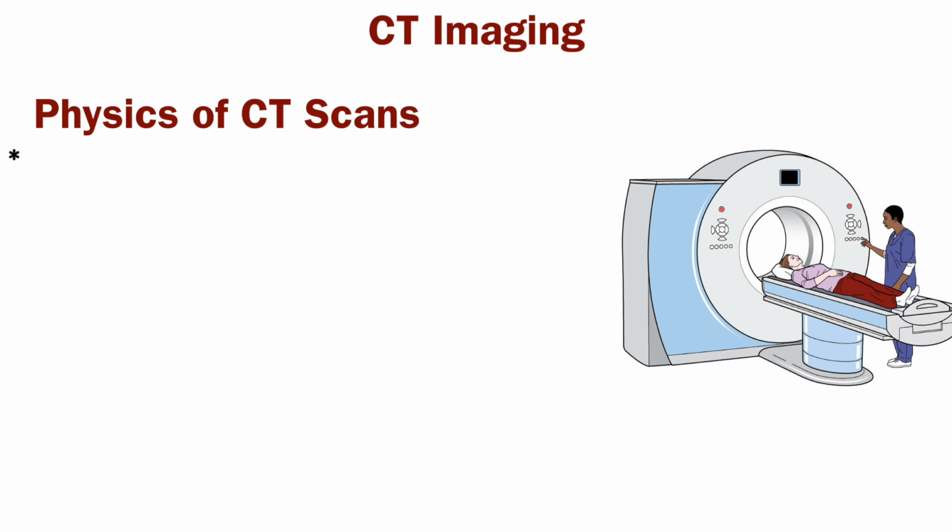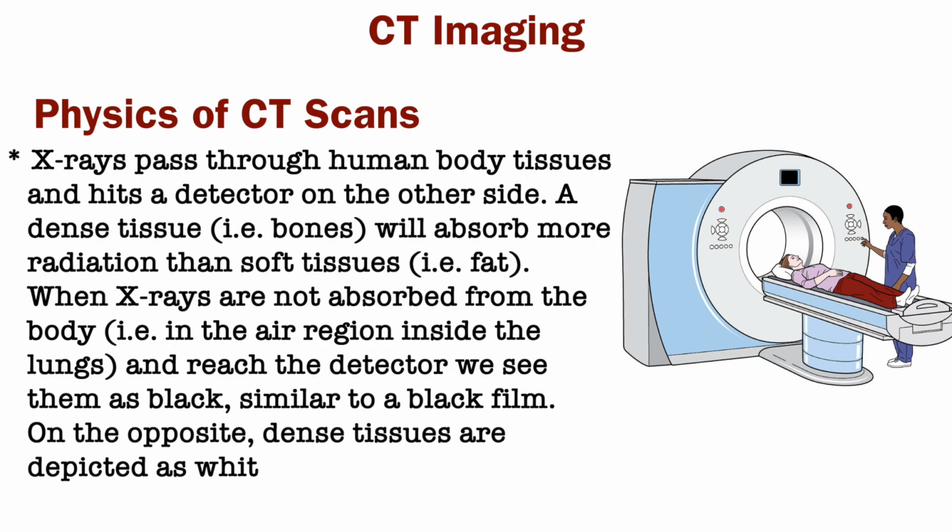A heated cathode releases a high energy beam, that is electrons, which in turn release their energy as X-ray radiation. Now, X-rays pass through human body tissue and hit a detector on the other side. A dense tissue, that is bone, will absorb more radiation than soft tissue, that is fat.